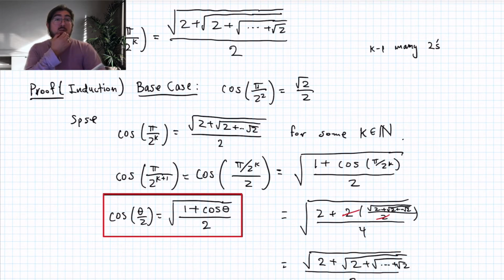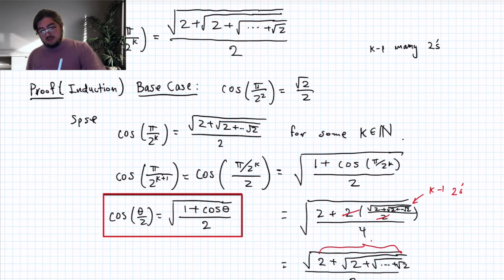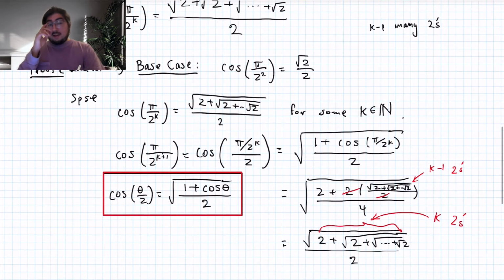Notice we have one more 2 inside this nested radical. Here there were k minus 1 many 2's, and now inside this nested radical there's one more because of this 2 that we're adding to the bunch. So this is k many 2's, one more than the previous amount.